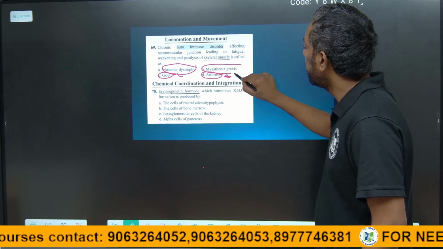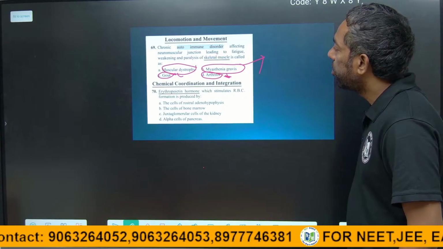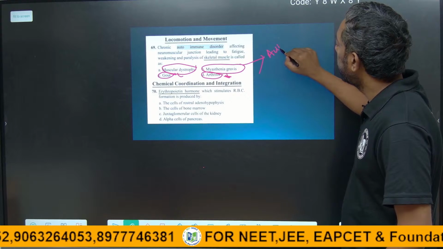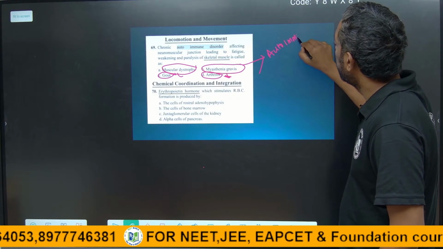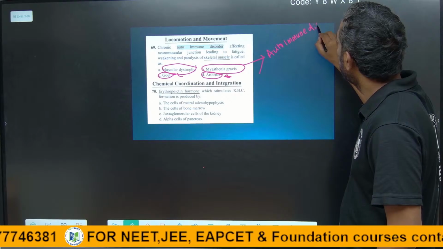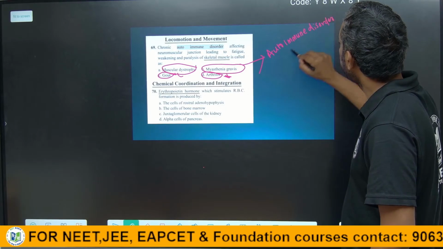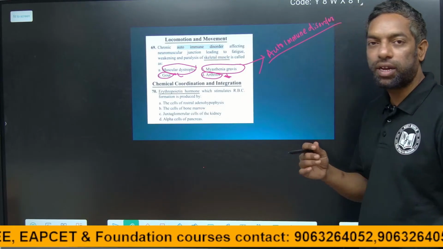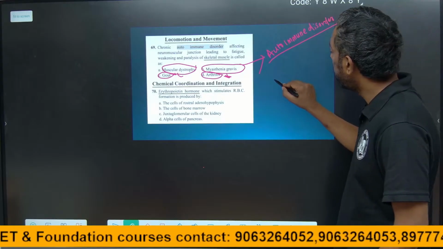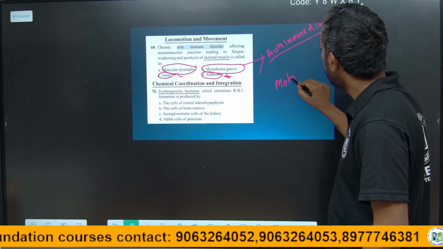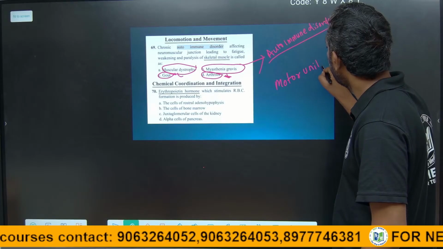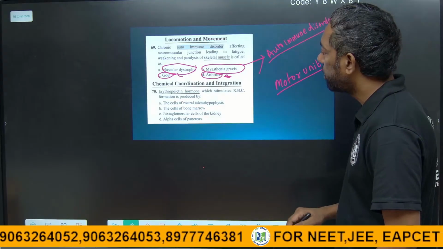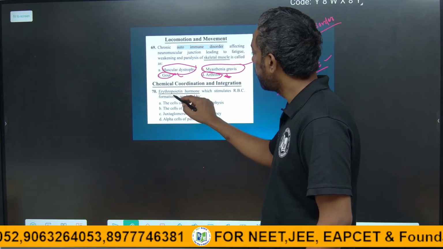Myasthenia gravis affects the neuromuscular junction and is an autoimmune disorder. The motor unit, called the neuromuscular junction, can be affected. So the answer is B.